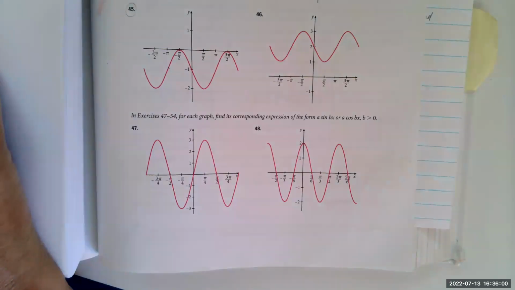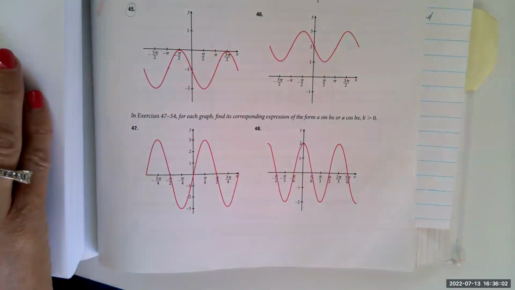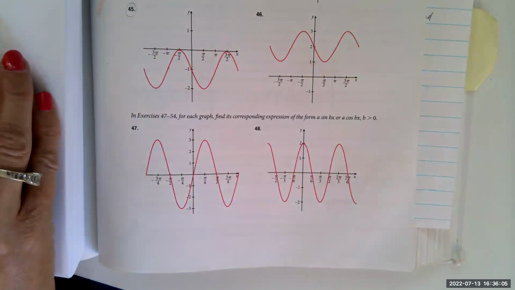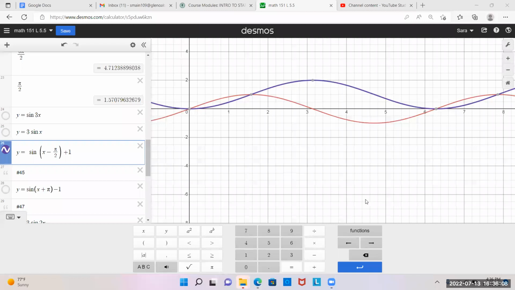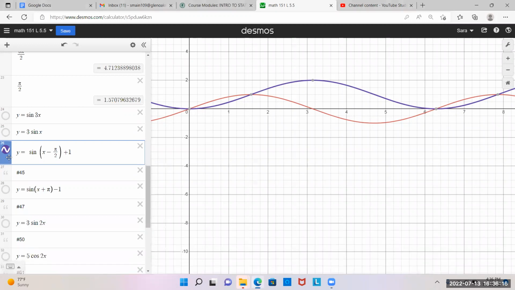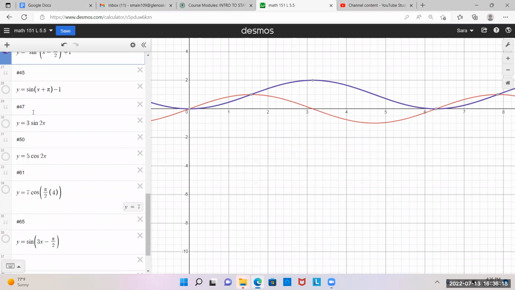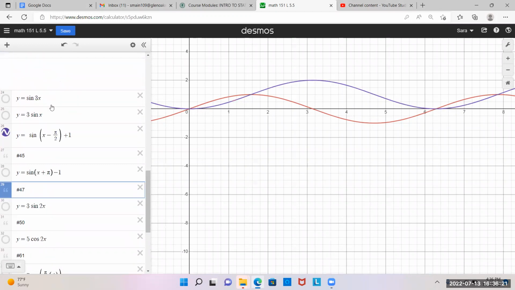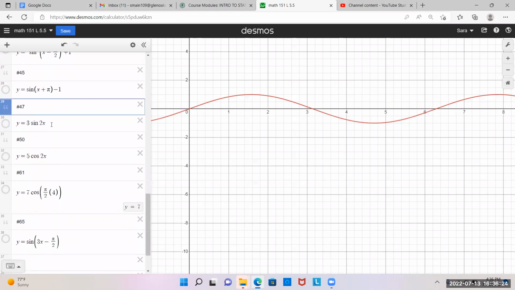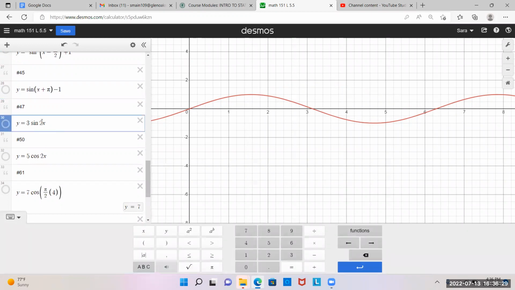So if we go back to our Desmos, on 47, because sine is naturally 0 at 0, I'm going to try sine as my first one. So I'm going to turn off this. So on 47 here, okay, I've already got that one in my Desmos here. So I'm going to say, what if I just, because it goes all the way up to 3 at pi over 4.